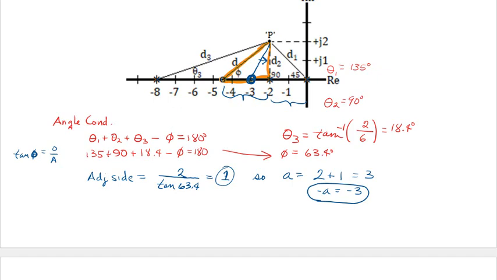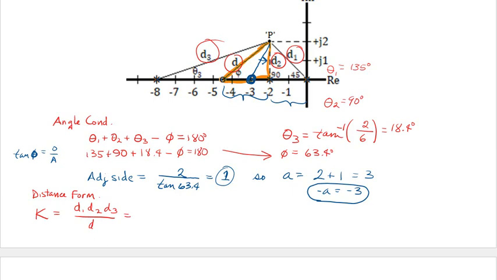Let's look at the root locus gain, and now we're going to use the distance formula. The distance formula says that the root locus gain K is equal to distance d1, all the polar distances multiplied together, d1, d2, d3, divided by the zero distances, which is d.